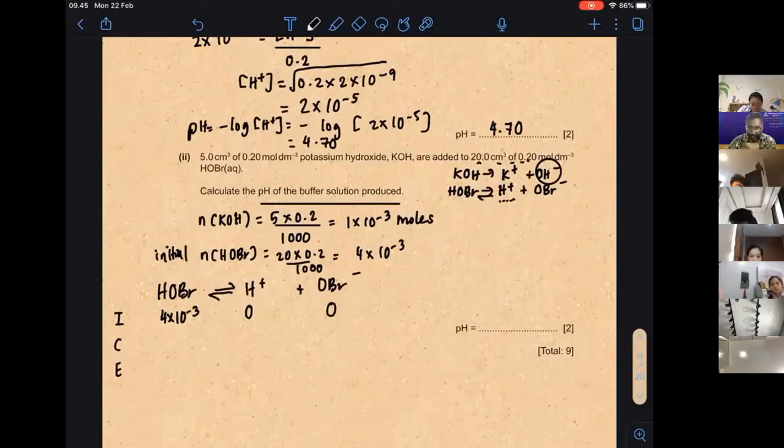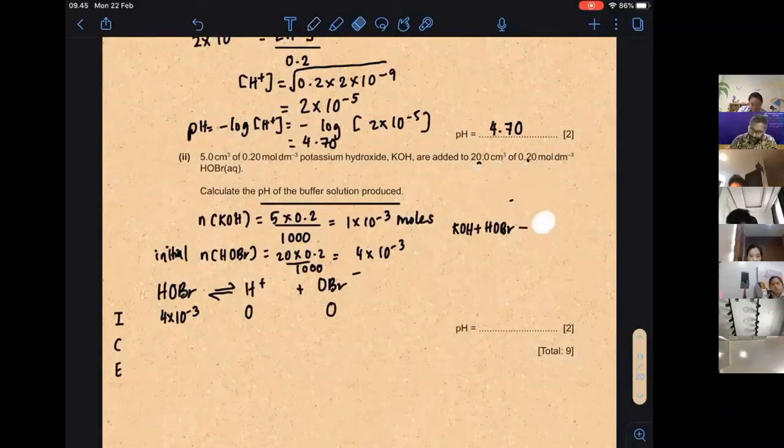The KOH is going to react with HOBr to give you KOBr plus H2O.